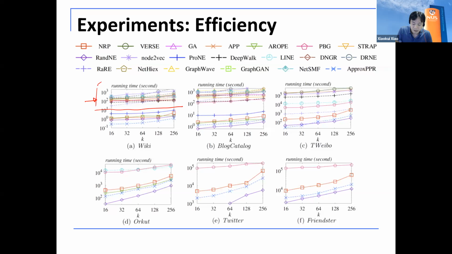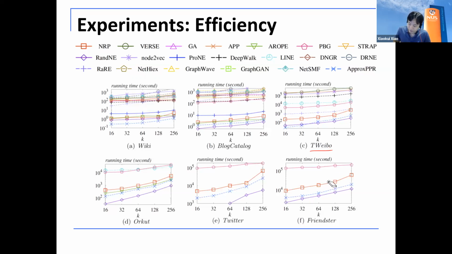The first category incurred significant computation costs even on small graphs like Wiki. And many of those methods are based on neural networks. And among those relatively efficient methods, many will disappear as we increase the size of the data set because they either incur too much overhead on those graphs or run out of memory.